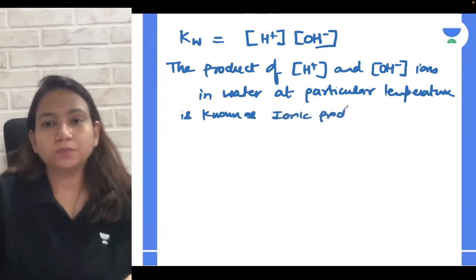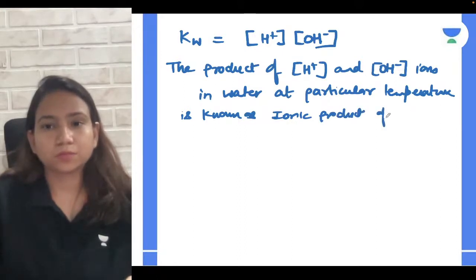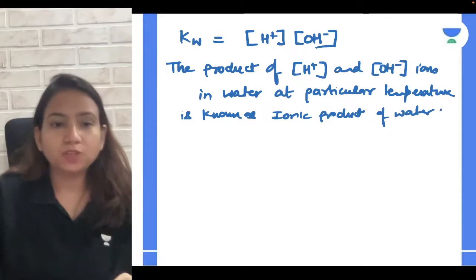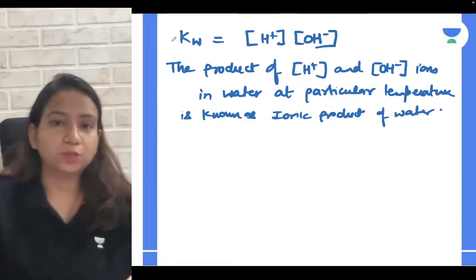Very good. So Kw is equal to H plus into OH minus ion concentration. This is the main expression for us.